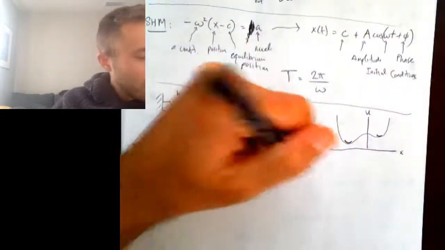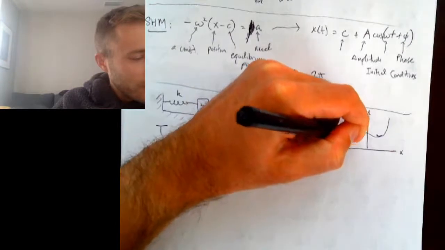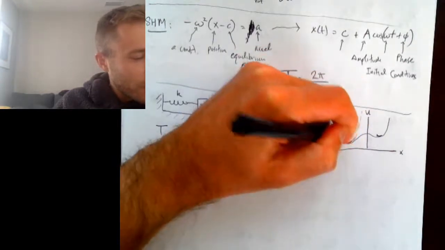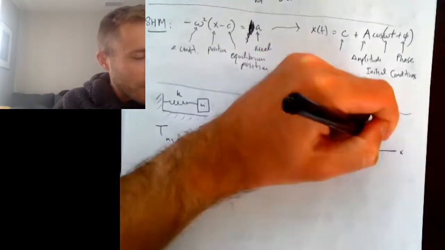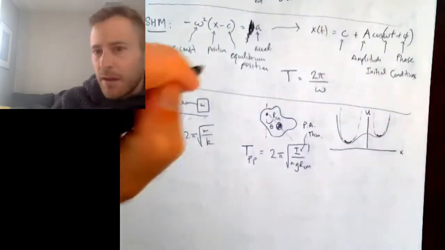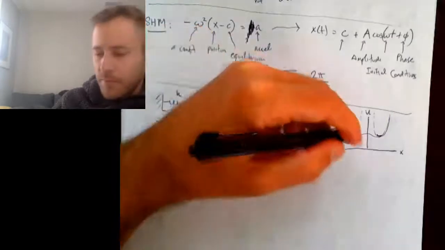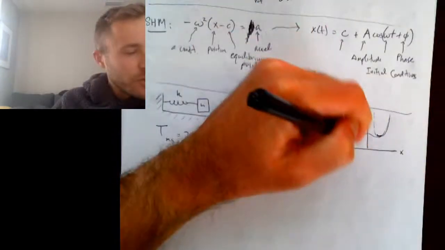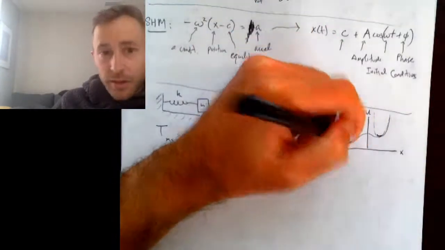The reason is that near an equilibrium, the potential can be approximated as a parabola. And so this is the period of small oscillation.